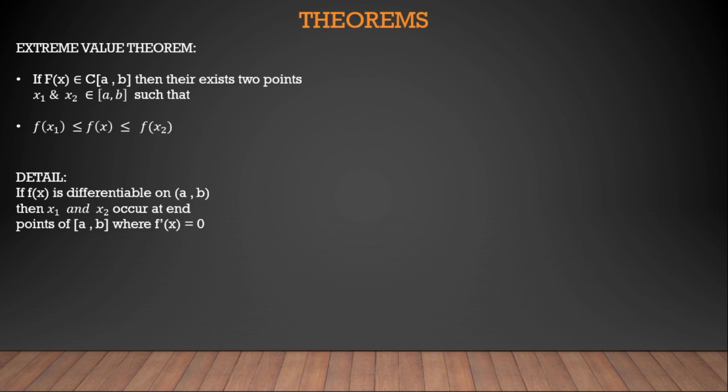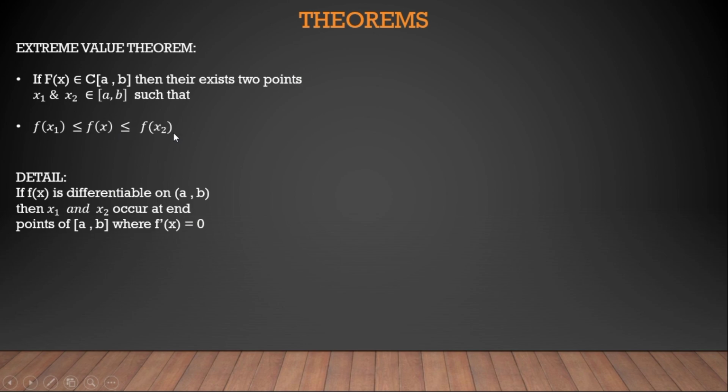But then the actual theorem states that if f of x is continuous on a comma b, then there exist 2 points, x1 and x2, or x0 and x1, which are members of a comma b, such that f of x1 is less than or equal to f of x, and f of x is less than or equal to f of x2, right?